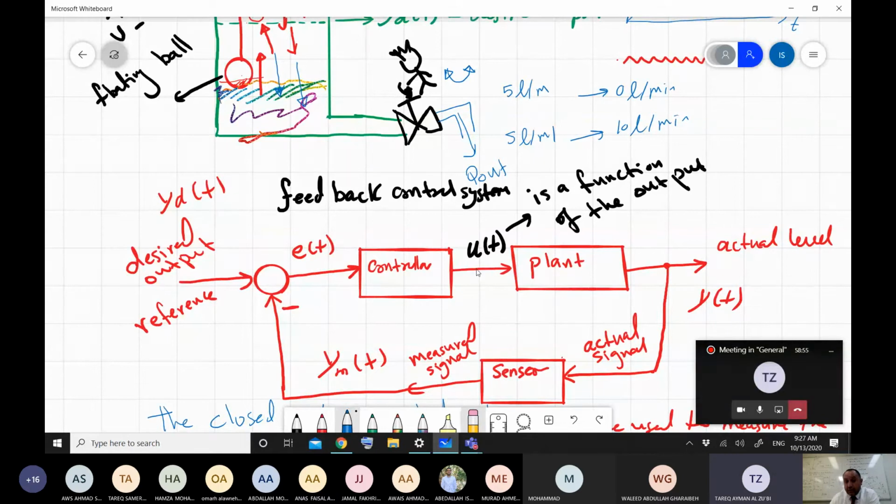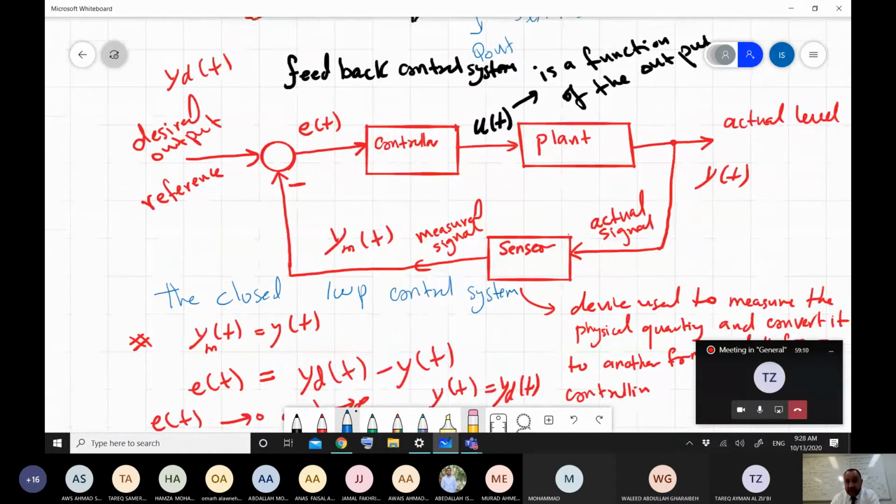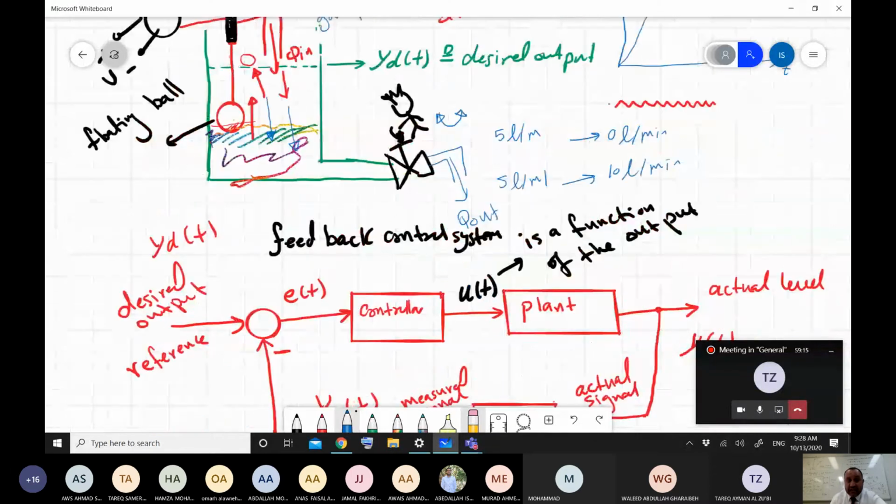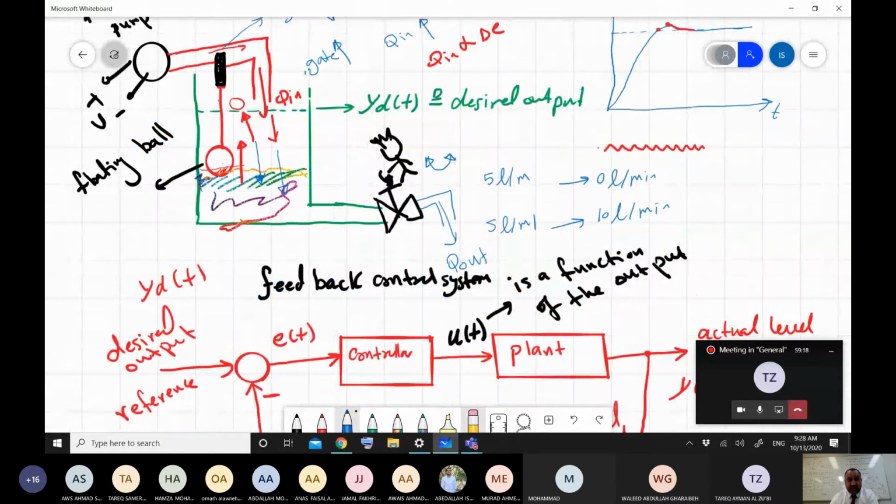Yes. Good. So simply this is one advantage of the feedback control system, or the closed loop control system, such that the closed loop control system can react if there are changes in the plant, either the dimensions, or if we have, let's say, a disturbance. For example, for any reason your brother comes and puts an object inside the tank.